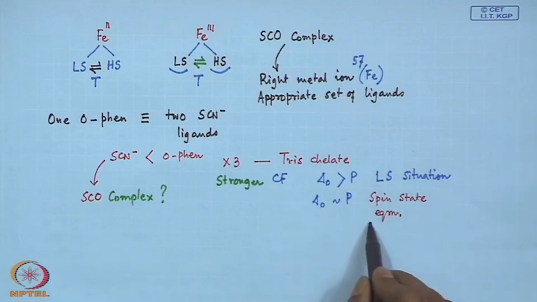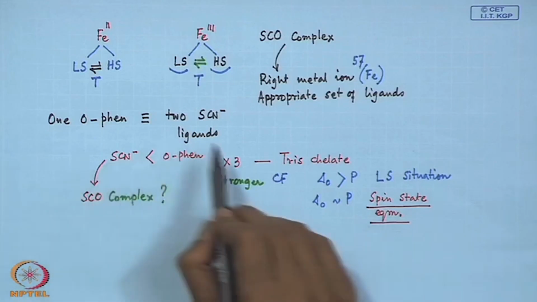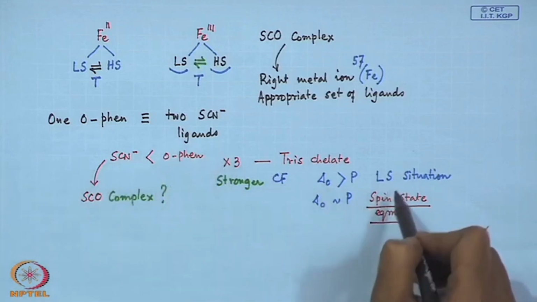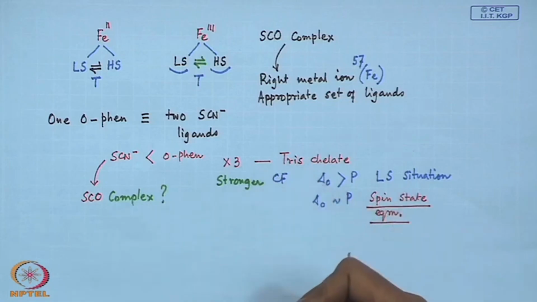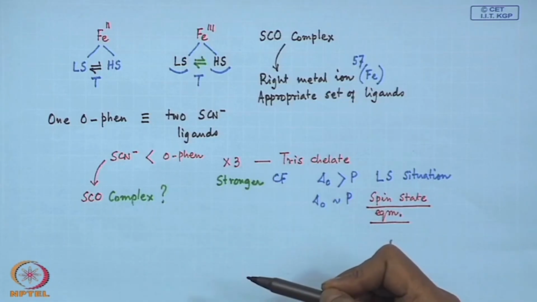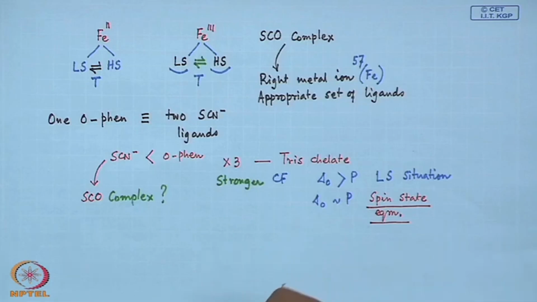So once we know that only low spin compounds are forming, we can go on reducing the strength of the crystal field such that at one point we should have a high spin compound.